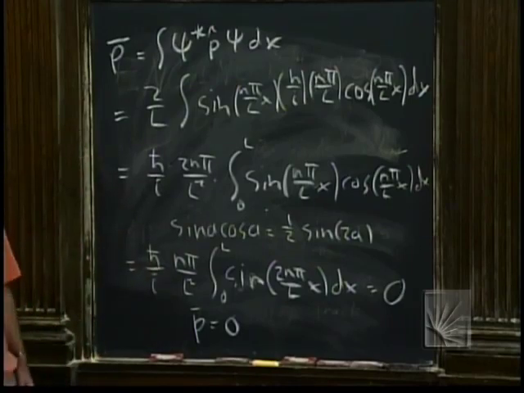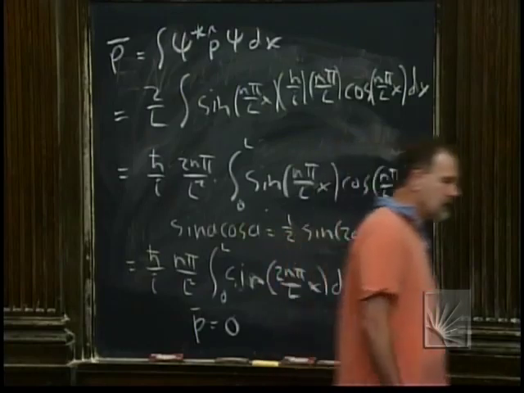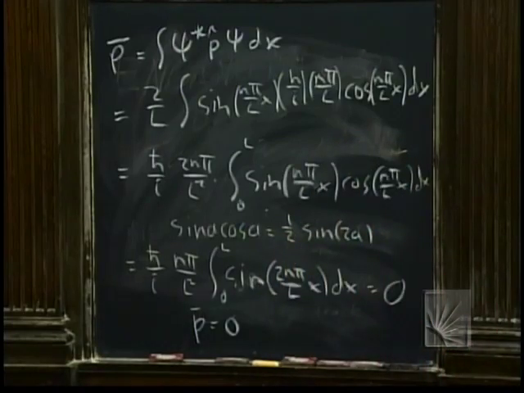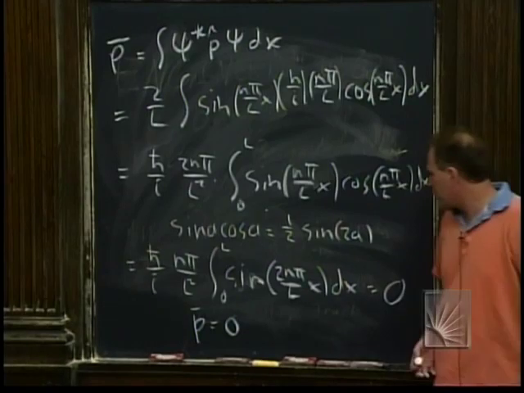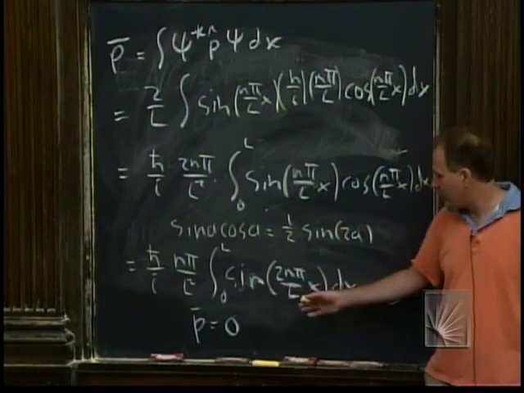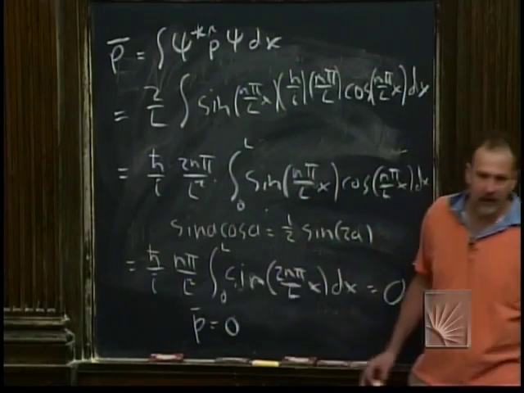It's a theorem that I won't prove, but it's a fact. There's a theorem that you would prove if you take the next level of quantum mechanics, that it's built into the structure of what we've done, that you're not going to come up with complex numbers for the observable things like energy, momentum, position. The moment you end up with an i there, the integral is going to be 0.